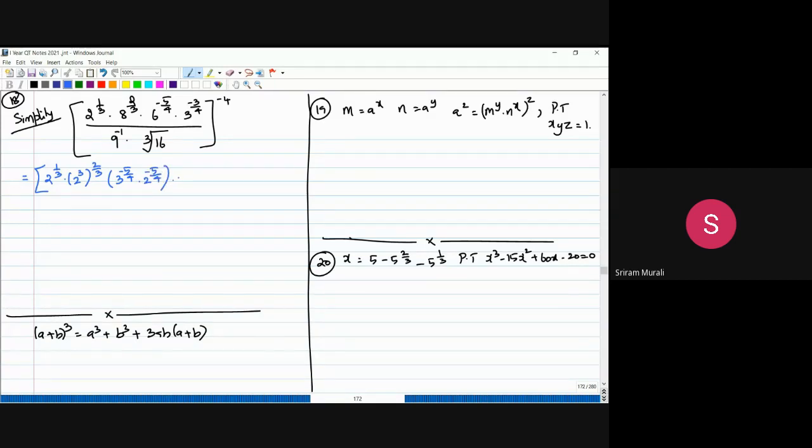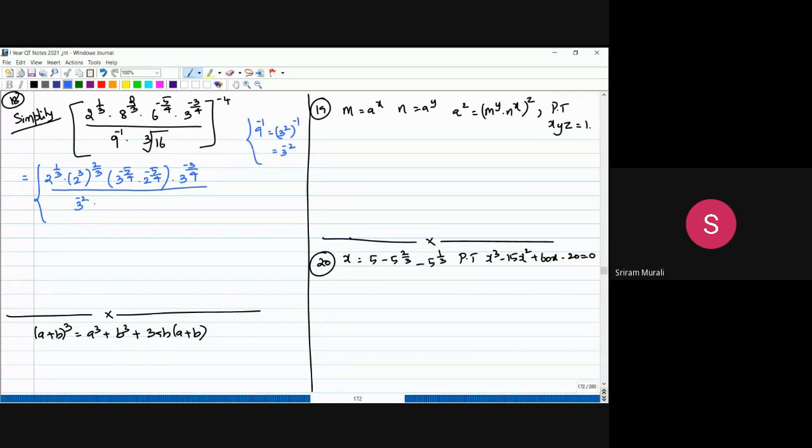What about this case? It is 3 power minus 3 by 4. Come to the denominator. This is 3 power how much? Power minus 2, because 9 power minus 1 means it is 3 square, the whole power minus 1. Therefore, it is 3 power minus 2.